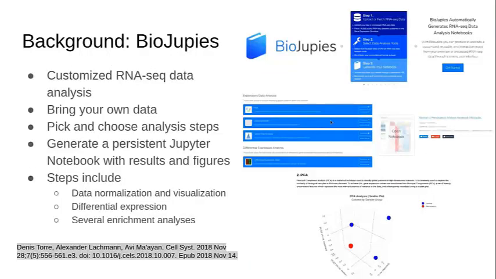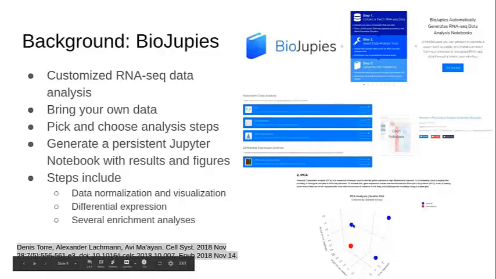And we have BioJupys, which is a very similar thing to Appyters, but it's a little more constrained, and it revolves around RNA-seq data analysis. You can bring your own data, choose your analysis steps, and then BioJupys will produce a Jupyter Notebook with all the steps.